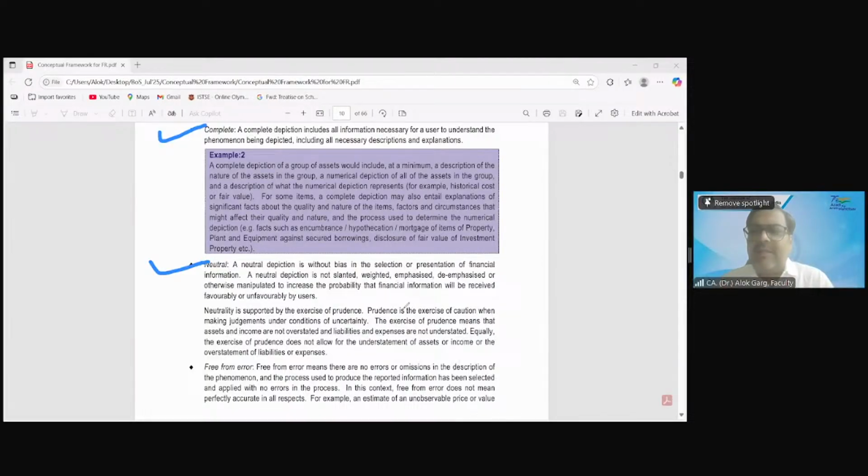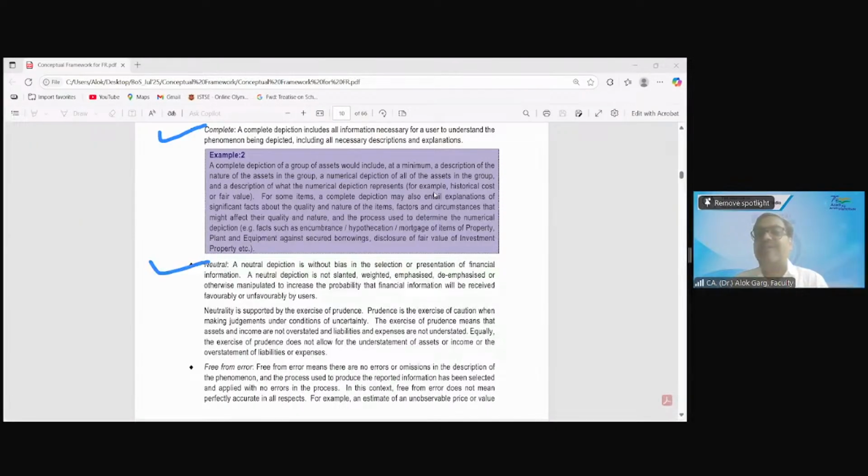So you are writing biased information, saying that the registered valuer was asking lakhs and lakhs of money, and that is why the company has not done that, and the company has gone to this particular valuer who has a good brand name. Means the company is emphasizing or de-emphasizing to influence the user of the financial statement, right? They are emphasizing or de-emphasizing. Okay. So friends, the information should be neutral.